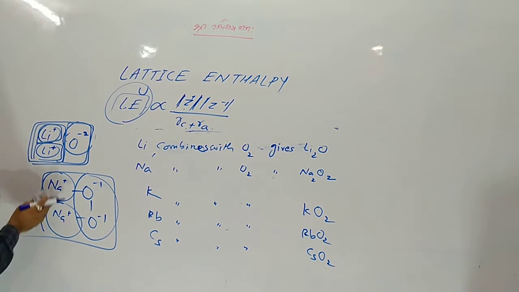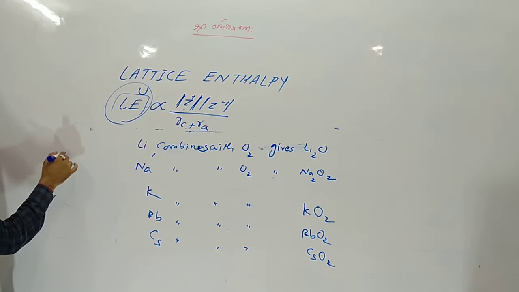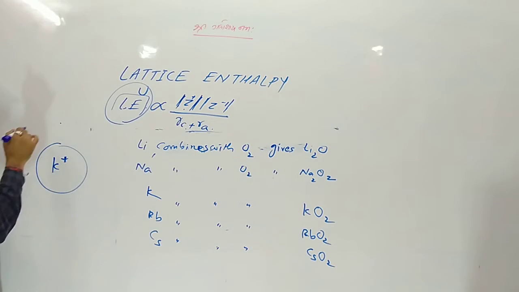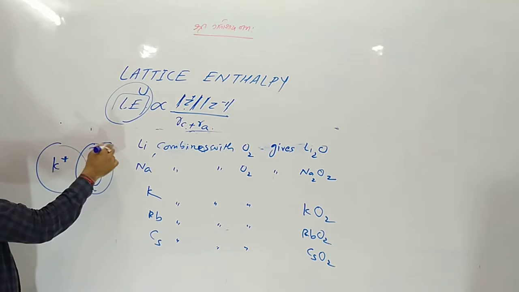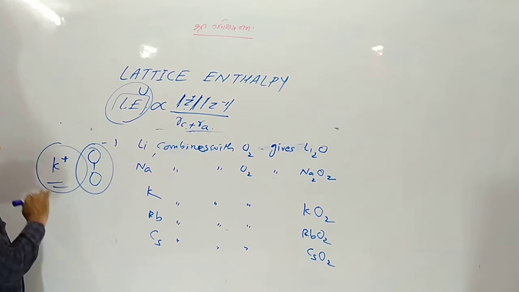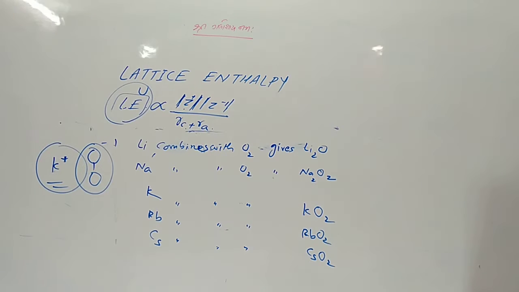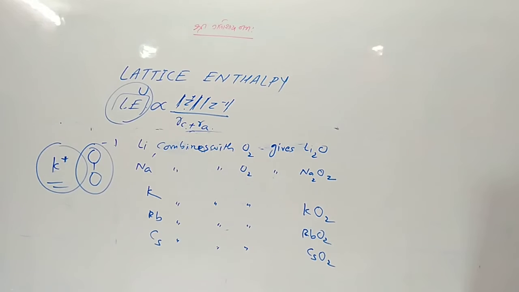In the case of potassium, rubidium and cesium, which are huge in size compared to lithium and sodium, potassium alone combines with a size equivalent to 2 oxides, so it gives a superoxide. Which ones? Potassium, rubidium and cesium give a superoxide.